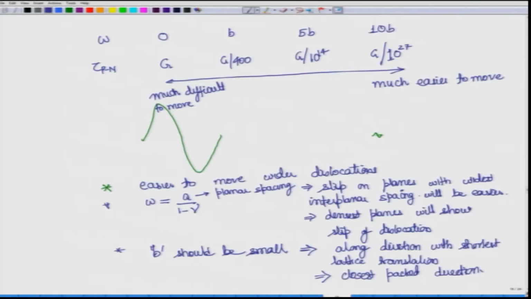Now, we also have the equation derived by Peierls and Nabarro, what should be the tau Pn, and from there we can get more information about the crystallography or the directions of dislocation movement with respect to crystallography of the material. And what we saw is that A, which is the interplanar spacing, should be very large, and for that it means that we have to have the densest plane. B should be small, which means again it should have the densest direction.